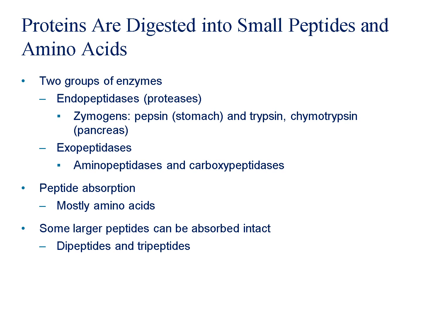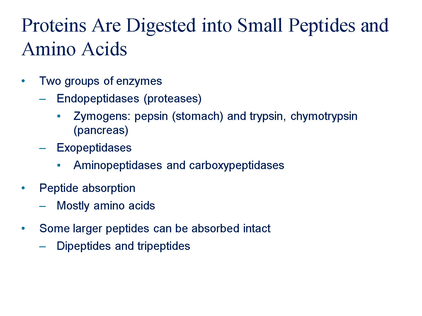Pepsin, secreted by the stomach, is activated in acidic conditions, while trypsin and chymotrypsin, produced by the pancreas, function in the small intestine. Exopeptidases complete protein digestion by removing individual amino acids from peptide chains.